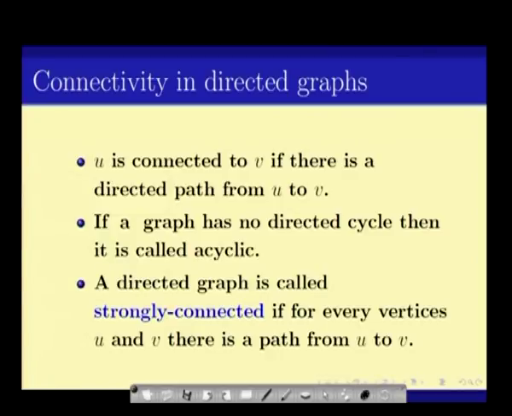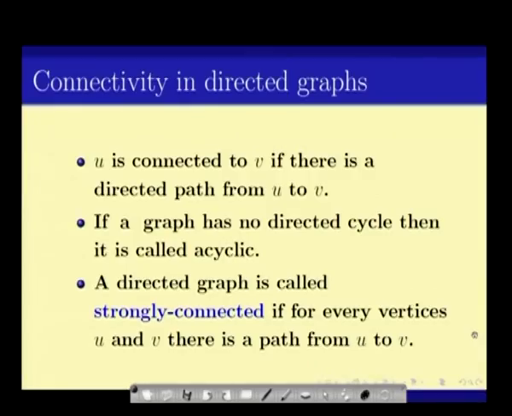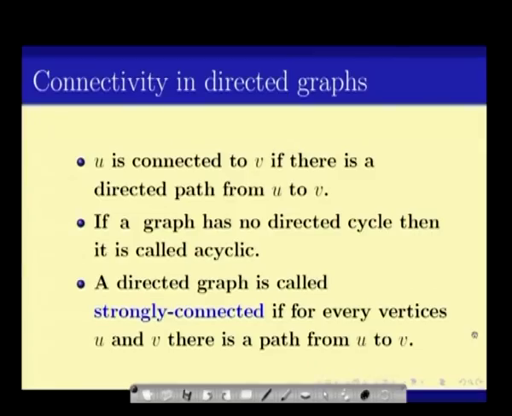And here also the concept of connected components is not clear, because as I told, if u is connected to v and v is connected to u, these are not if and only if conditions. So, u can be connected to v, but v may not be connected to u. So, we say a set of vertices is strongly connected if for any pair u, v there is a path from u to v and there is a path from v to u.